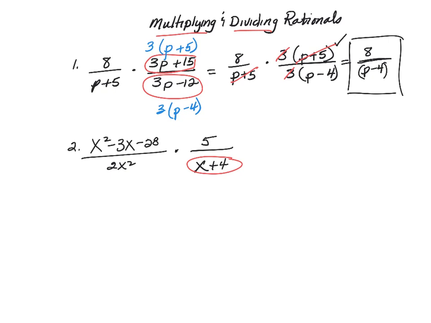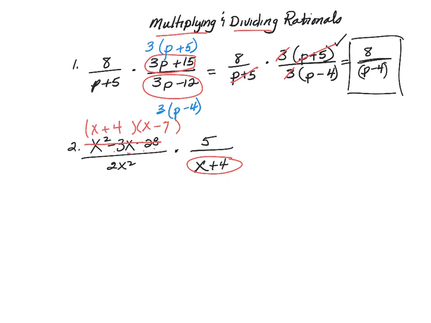So I would say to you, go to the top and see if you can find a number you multiply by x plus 4 to end up with x squared minus 3x minus 28. Now, after you play with that for a minute, I hope you're going to realize that that number is x minus 7. So we're no longer using this.